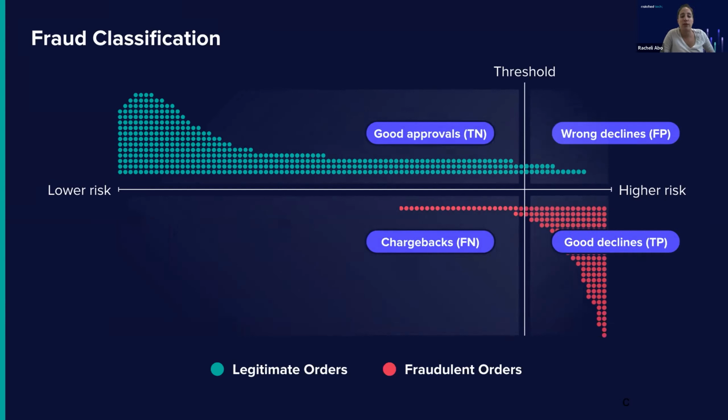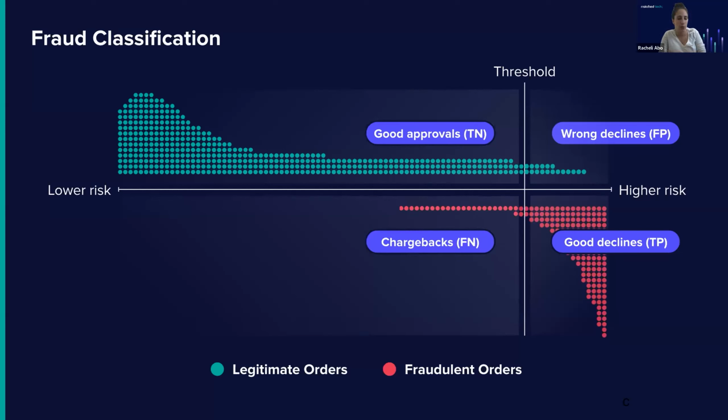So here we have true positives. We call them good declines or fraudulent declines, but we also have false positives, wrong declines. The problem is that because we have decided to stop these orders, we don't really have a good indication of what the true label of this order really is.